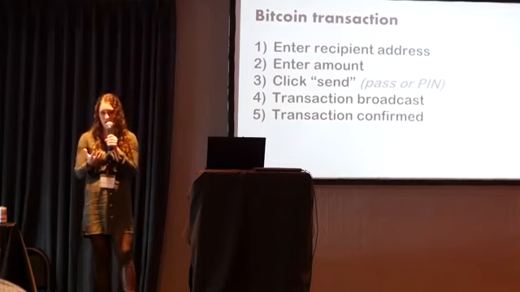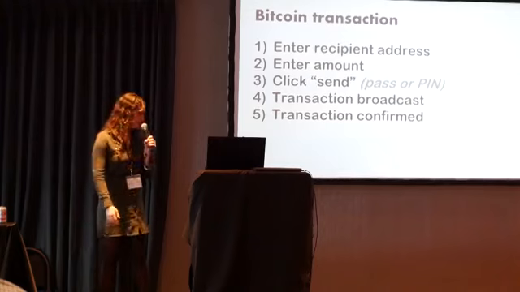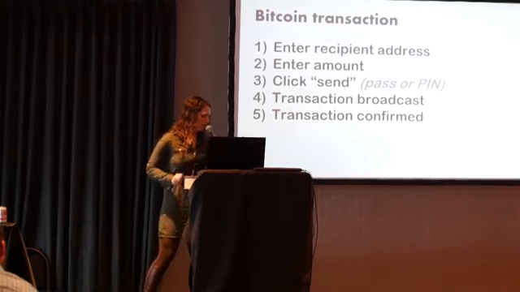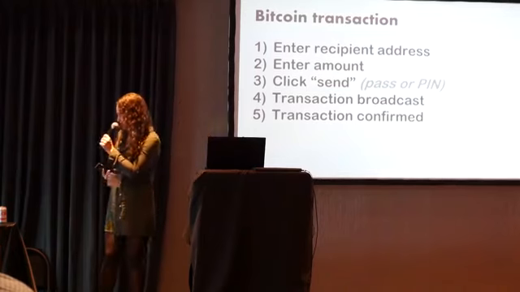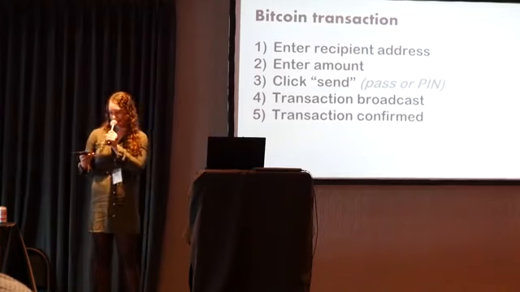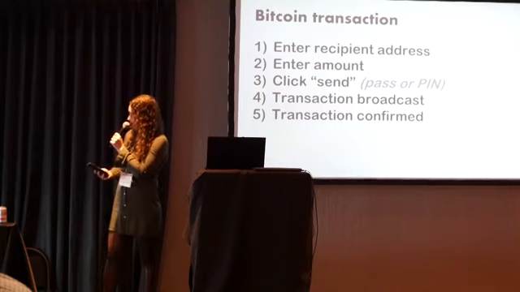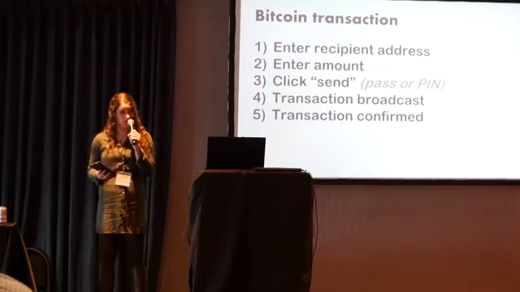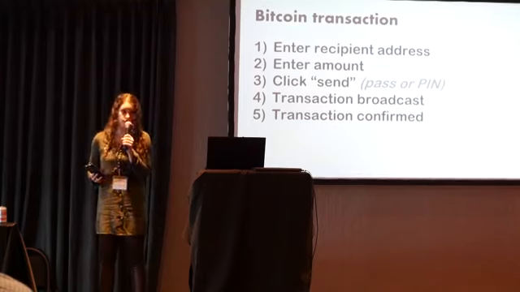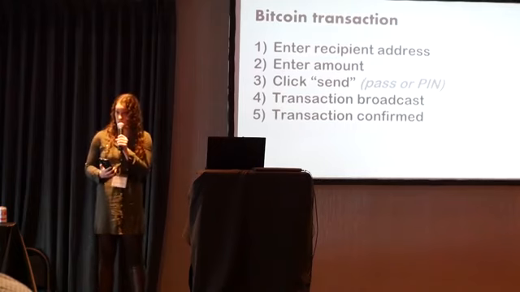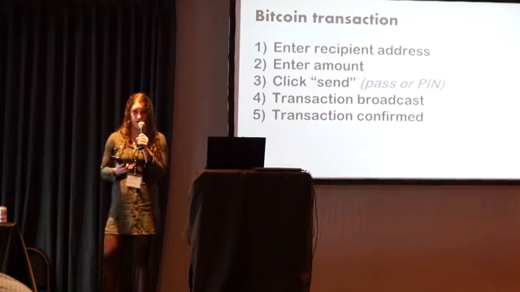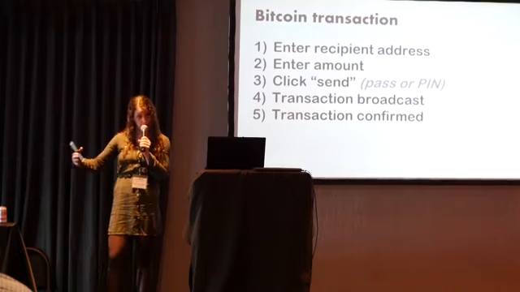But if it's a small amount, like on a mobile wallet, for instance, maybe you keep that unsecured because it's just more of a pain in the butt to enter a password every time you want to make a payment. And then the transaction gets broadcast through the internet or through your mobile network or what have you. Somehow it connects to other nodes in the peer-to-peer network that are nearby. It gets propagated through the whole Bitcoin network.